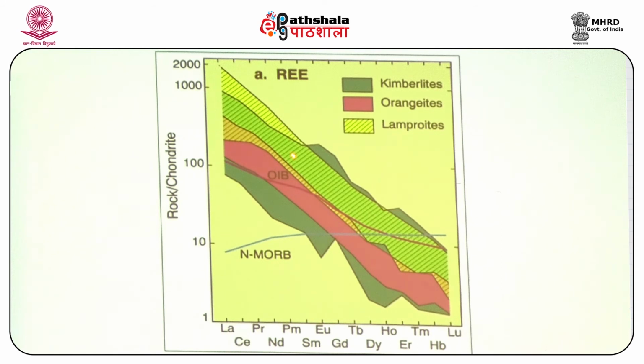So, the light rare earths versus heavy rare earths ratio for the enriched rocks like ocean island basalt, lamproites, orangeites, kimberlites, they are all alkaline rocks. So, alkaline rocks coming from the deeper portion will have a very much enriched character compared to the typical mid-ocean ridge basalt.